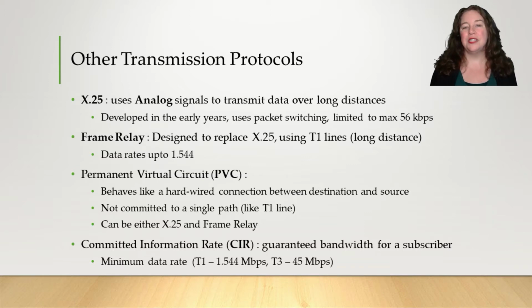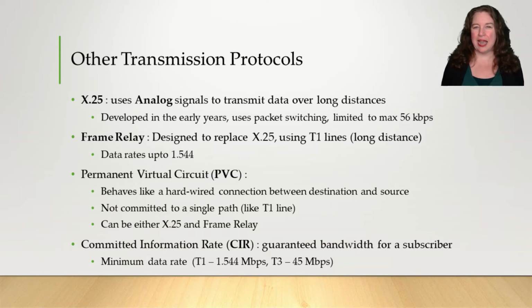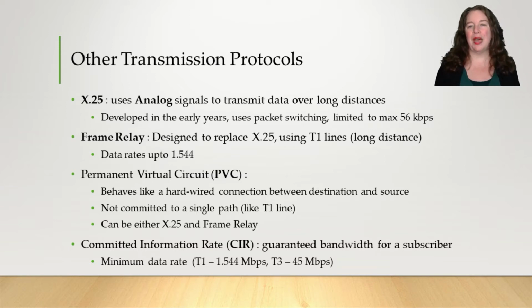So being able to use an analog signal to transmit data, which feels a little backwards now, was actually the way things used to go. X.25 actually used packet switching as opposed to circuit switching, and it was limited to about 56 kilobits per second. Pretty slow, but again, at the time, being able to send data using analog was pretty awesome.